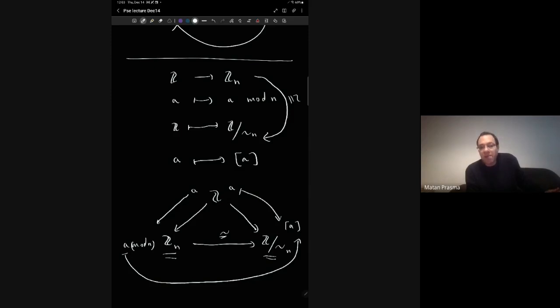It means you have multiplication tables, addition tables, and they are the same up to a change of notation. That's kind of the whole idea of isomorphism: from a computer point of view, it doesn't matter. You have the same algebraic structure, but you chose different symbols to represent it.